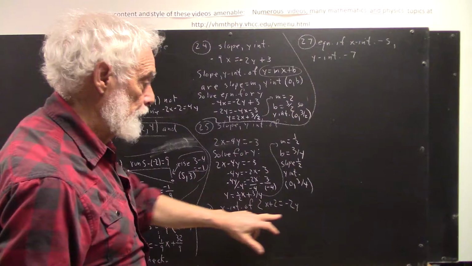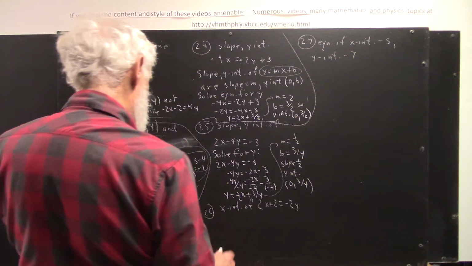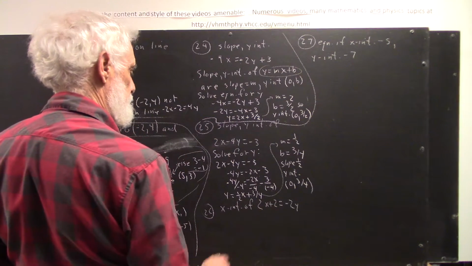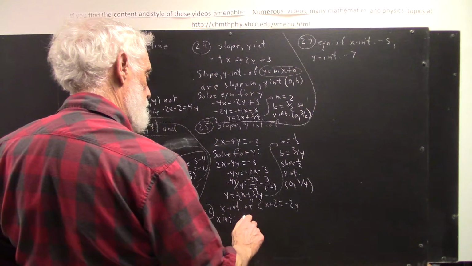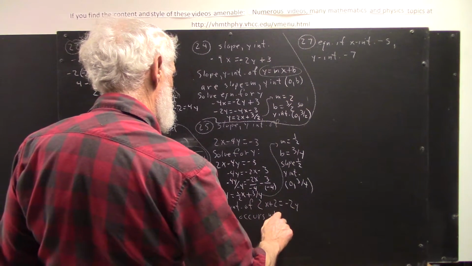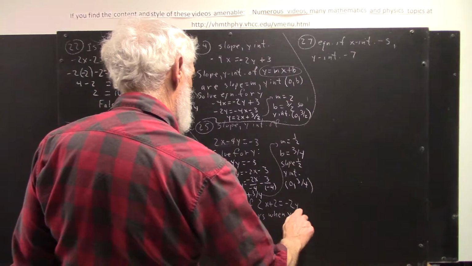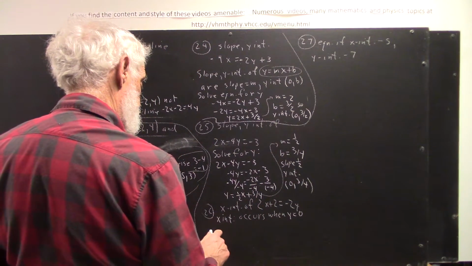What's the x-intercept of this equation? Well, the x-intercept occurs when y is 0. So we plug in 0 for y.